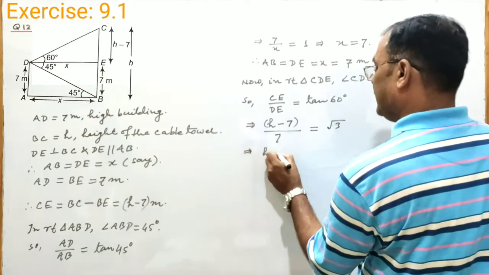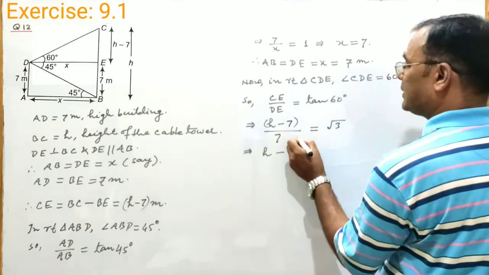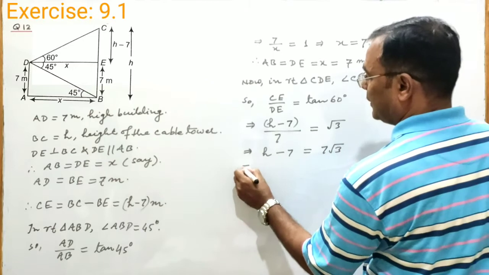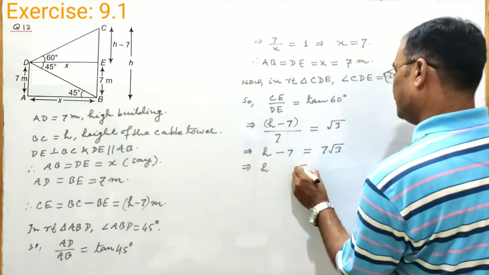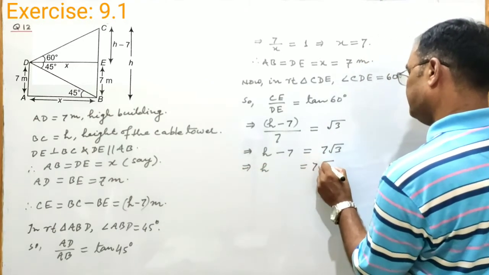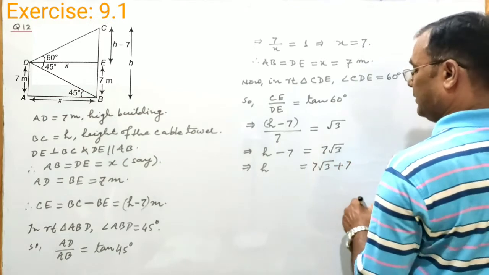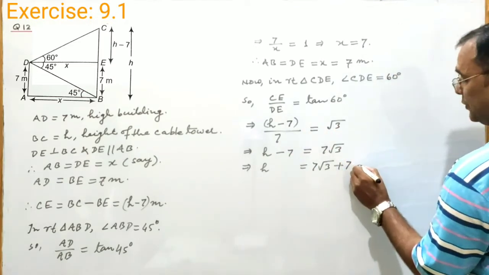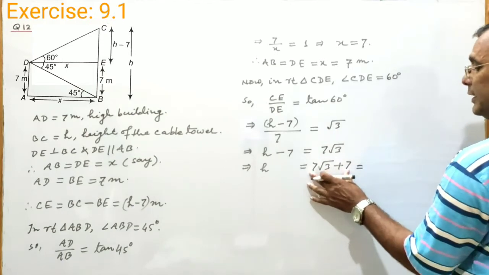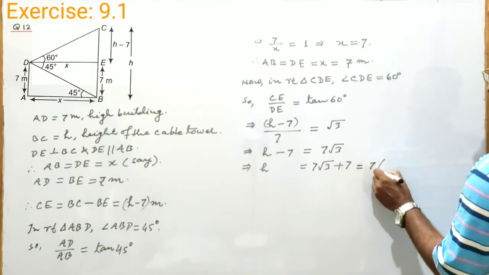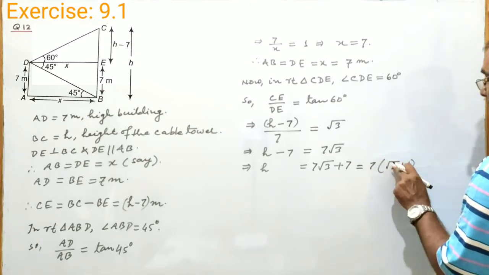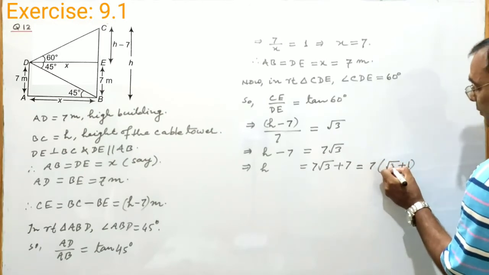Cross multiply: H minus 7 equal to 7 root 3. So H equal to 7 root 3 plus 7. This minus 7 is transposed from the left side to the right side, and if 7 is taken common, then root 3 plus 1 we can write in bracket.